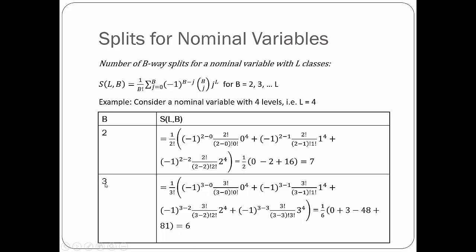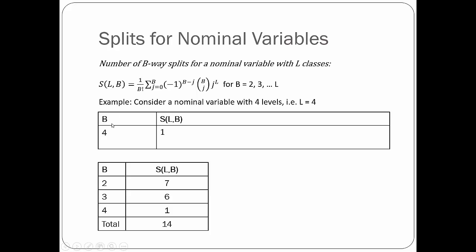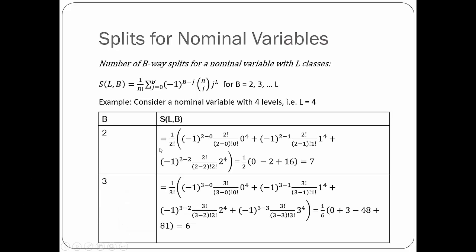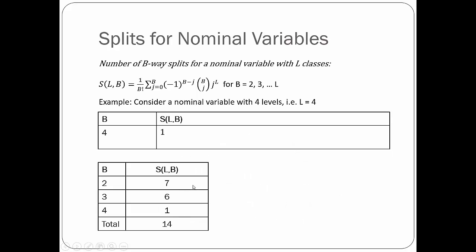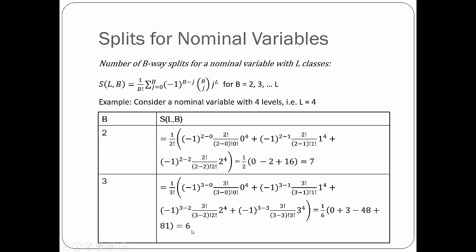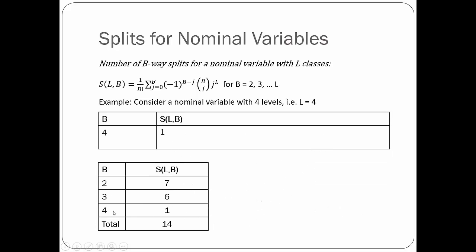When B equals 4, the four-way split, there is only one way to do that, because you put 1 on the first branch, 2 on the second, 3 on the third, and 4 on the fourth. So there are 7 binary splits, 6 three-way splits, and 1 four-way split, giving you 14 possible splits.